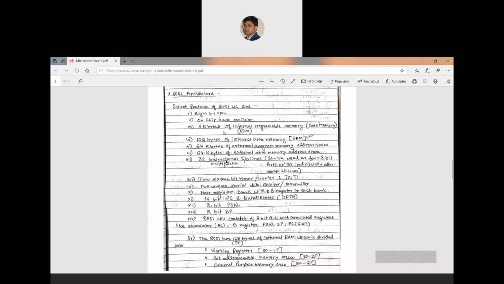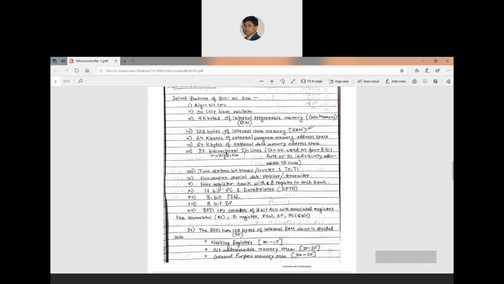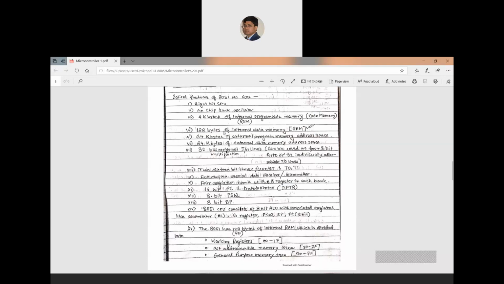In those basic important features of 8051, we found that the key difference between microprocessor and microcontroller is that there are two different kinds of memory devices, that is ROM and RAM, read only memory and random access memory. These two different memory chips are an integrated part of the 8051 microcontroller.